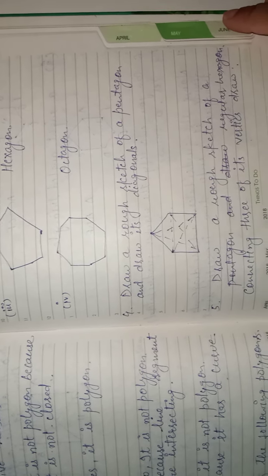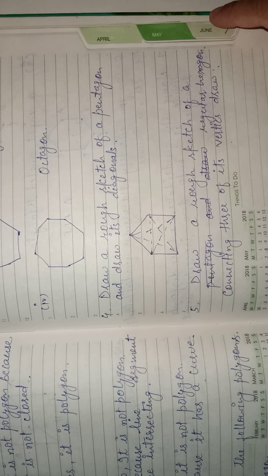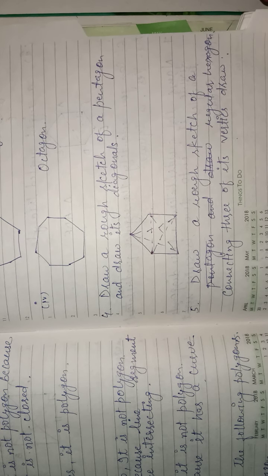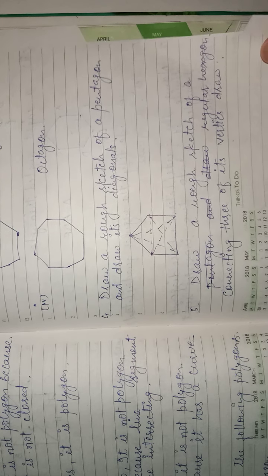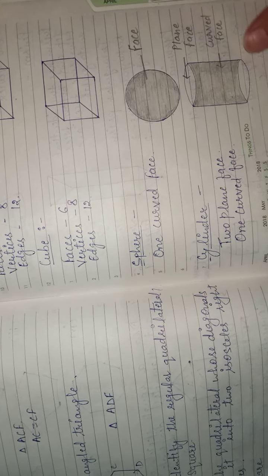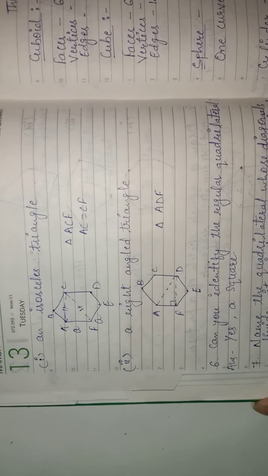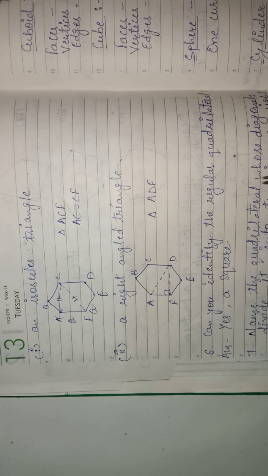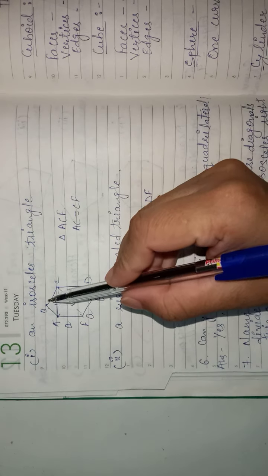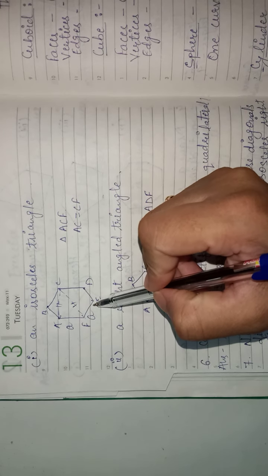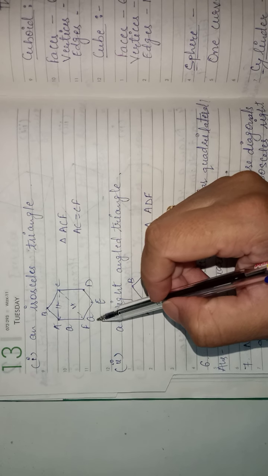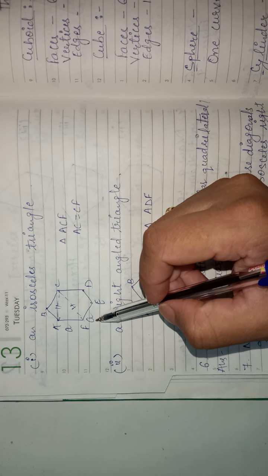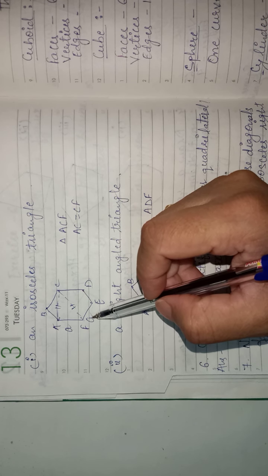Next one, draw a rough sketch of a regular hexagon connecting 3 of its vertices. First, students, we have to draw a hexagon. A hexagon is a 6-sided polygon, so we will draw a hexagon here, and we have to connect 3 vertices to make an isosceles triangle.